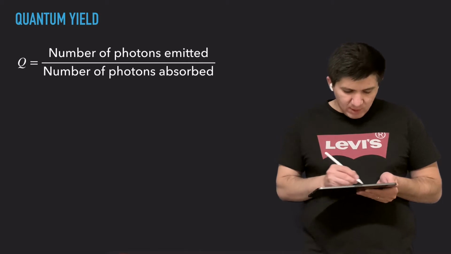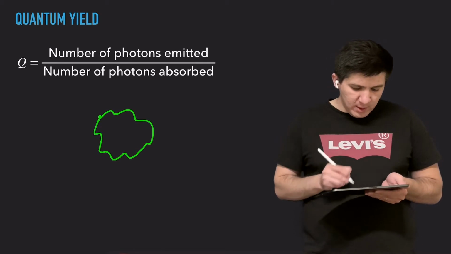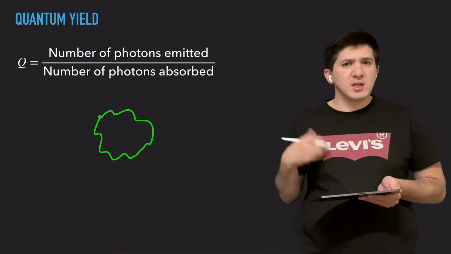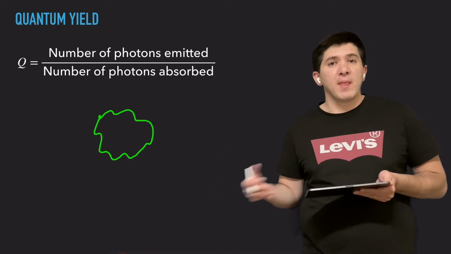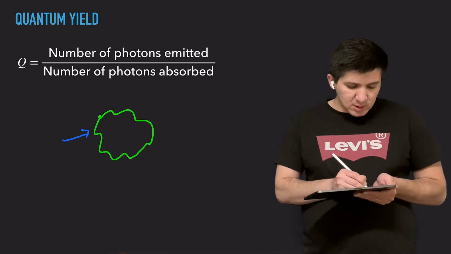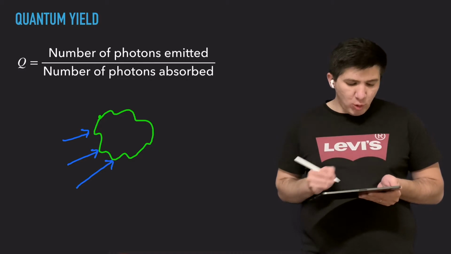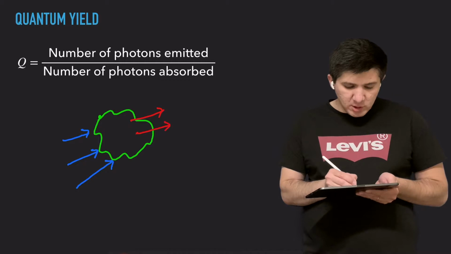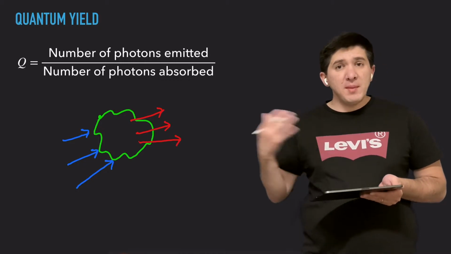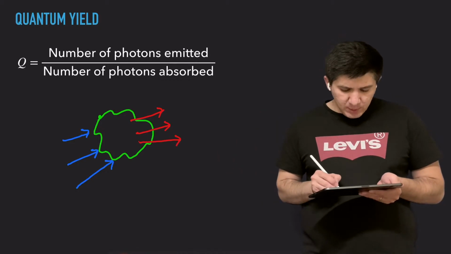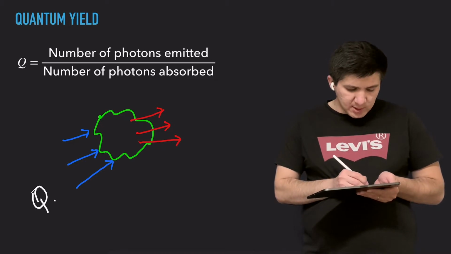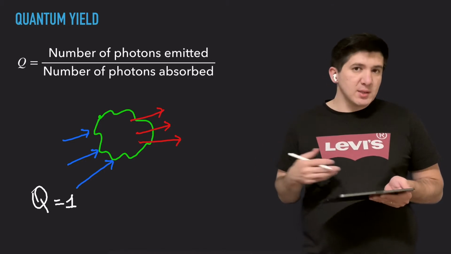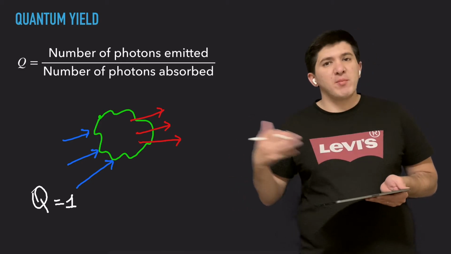If you've got some fluorophore, let's assume that you can count the number of the photons which can be absorbed by this fluorophore. So let's say 3 photons are going to be absorbed by this fluorophore, and 3 photons are going to be emitted by this fluorophore. So in this case, we say that the quantum yield is equal to 1, since 3 out of 3 have been emitted.